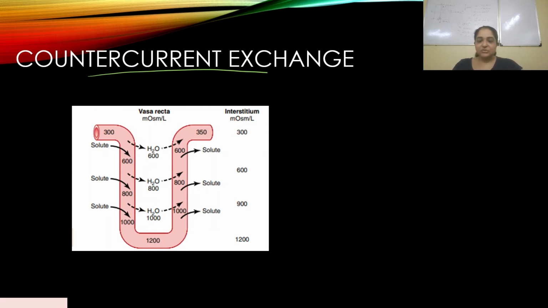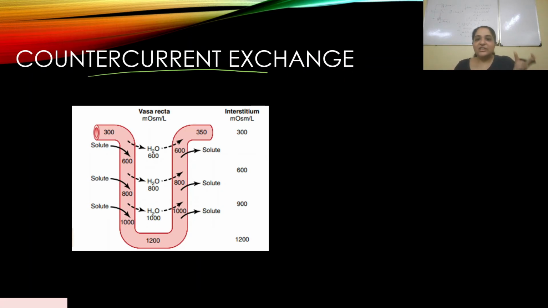Because if solutes are diffused into the renal interstitial medulla, they don't just stay there for long. If they stay there for long, they begin to dissipate. They tend to disappear, because we have to maintain a hyperosmotic region.